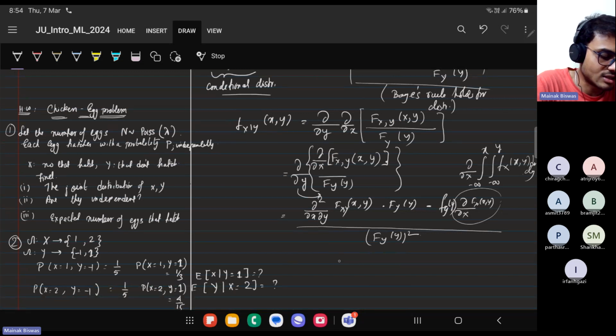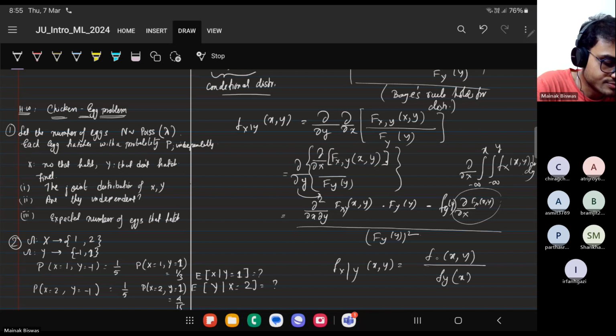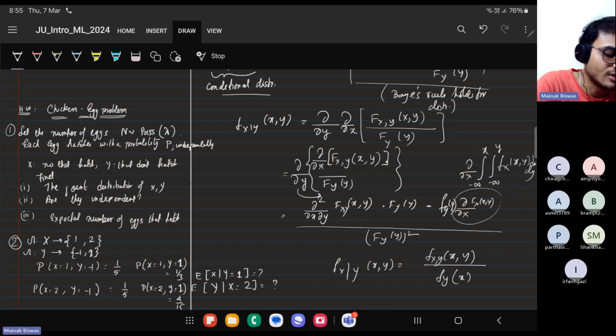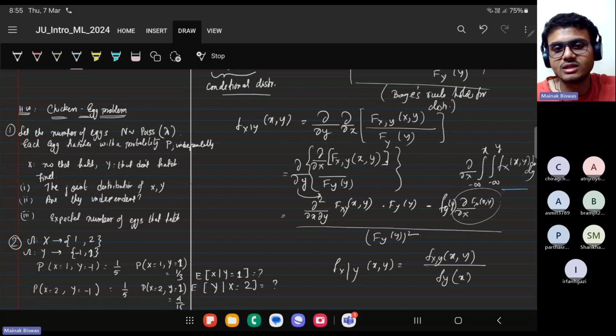That's why it's also very intuitive. What you will get is f of x y, the joint distribution, by the distribution of x, or here in this case y. So you'll have to take the differentiation and then check.